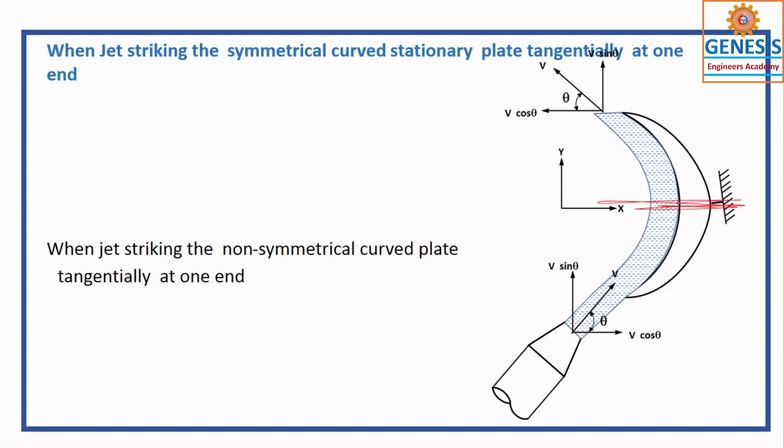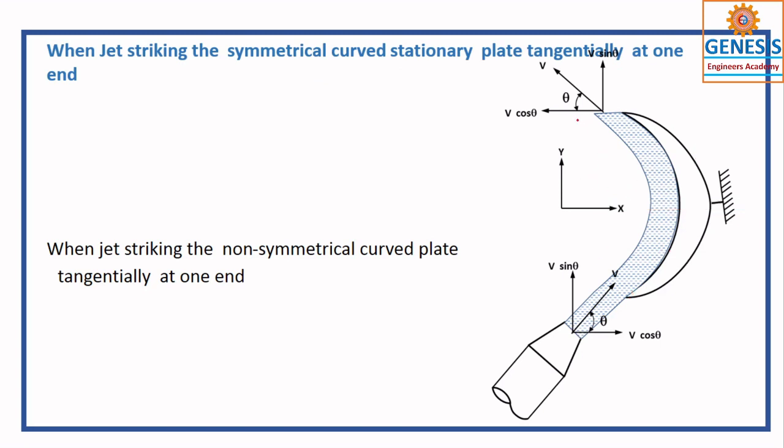Just now I explained. If you take this x direction, this and this resemble the same, so it is called a symmetrical curved stationary plate. But striking is from one end, either this end or this end. Majority of the turbines are having this type of plates.